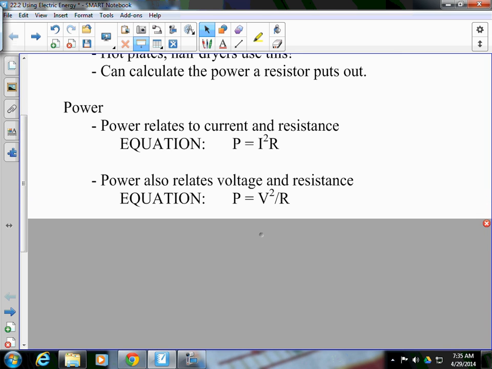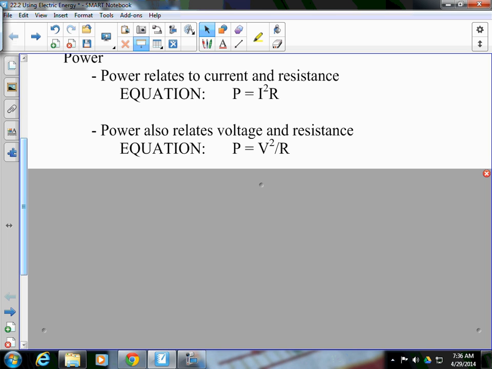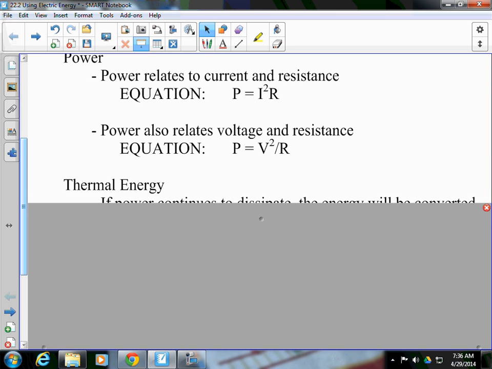We can also relate voltage and resistance when we are talking about power, and when we do that, power is equal to V squared divided by R. So there are multiple ways in which we can solve for power. Either P is equal to I squared times R, or P is equal to V squared divided by R.